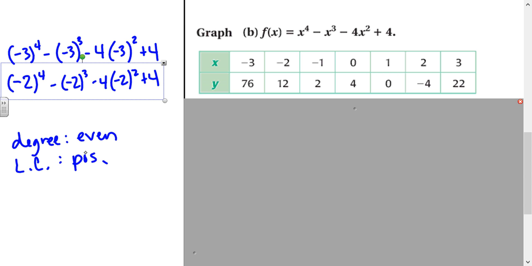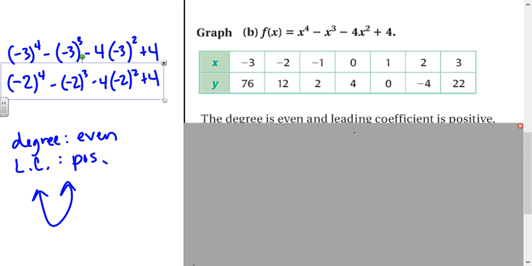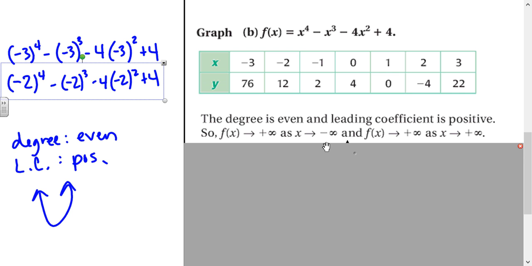Well, remember, if it's even, it's kind of like a parabola, and it's positive, so that would mean that it would face up on both ends. So as x approaches -infinity on the left side of the graph, it's going to go up, so f of x approaches infinity. And as x approaches +infinity on the right side of the graph, it also goes up. So both ends go up.